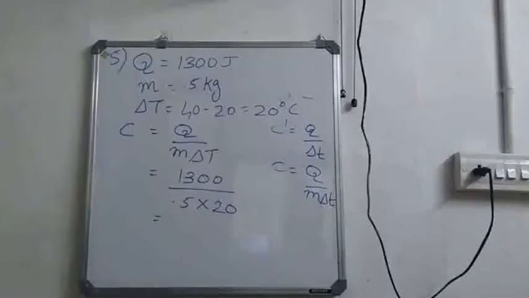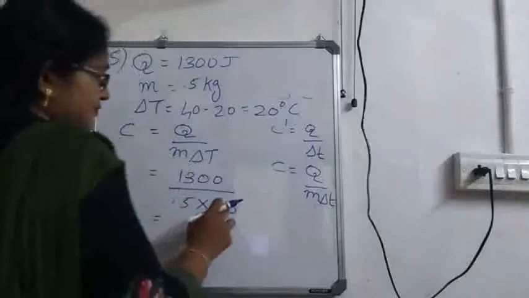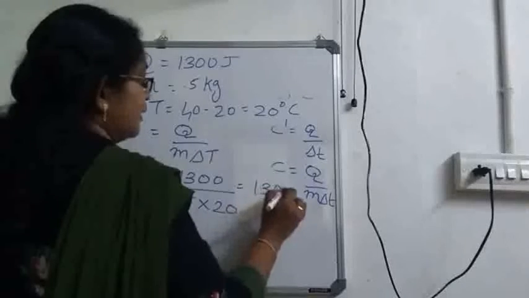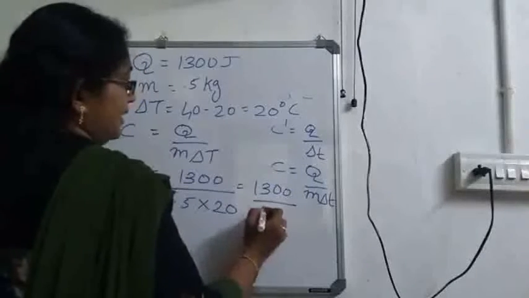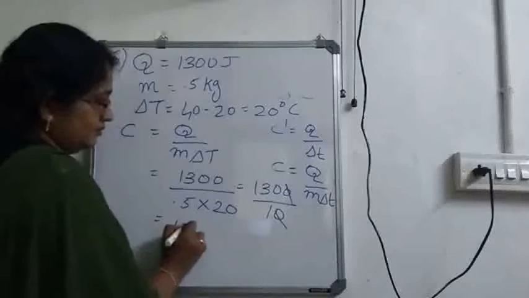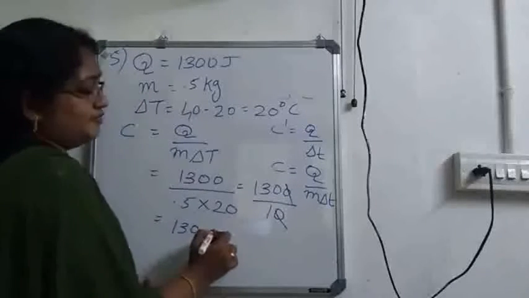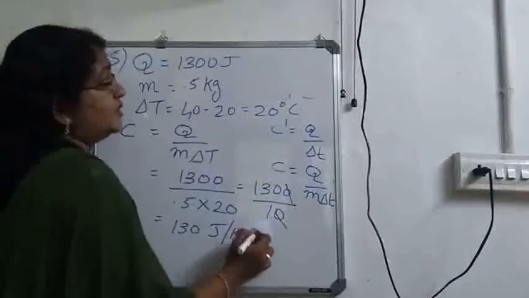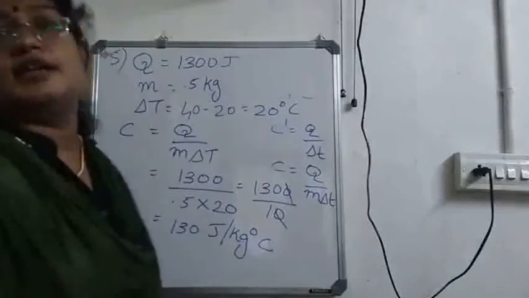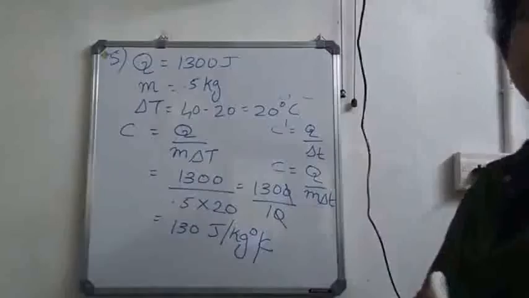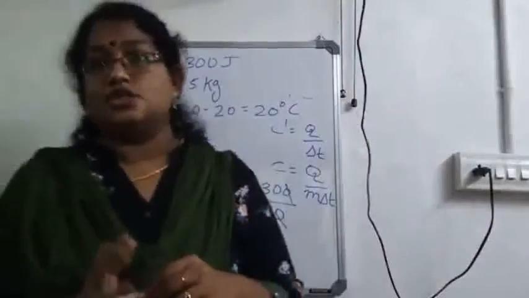The 0 can be used in order to change the decimal point. 1,300 by 5 into 2, that is 10, so 130. Since it is specific heat capacity, the unit is joule per kilogram. If you put it as Kelvin also it is okay because both are same. We'll put it as Kelvin because that is the actual SI unit. So is it clear, children?